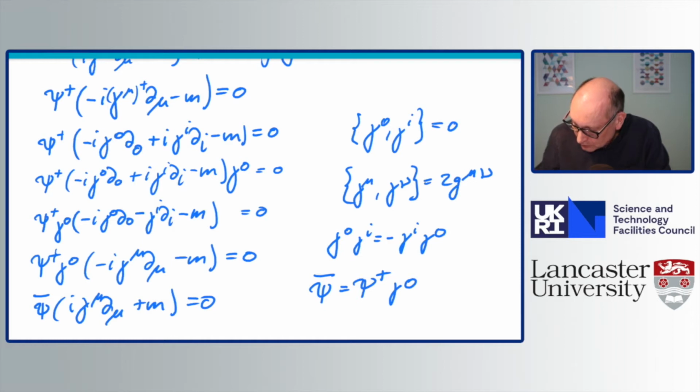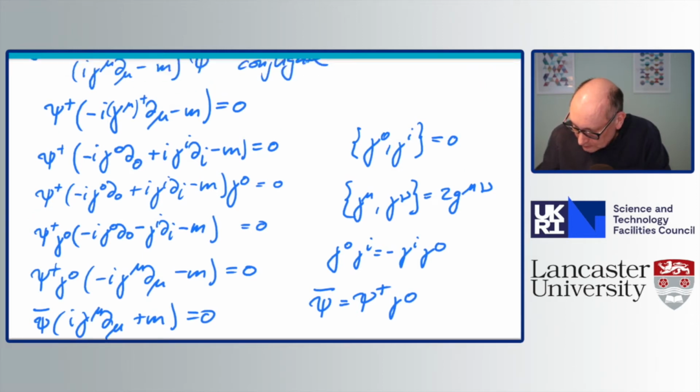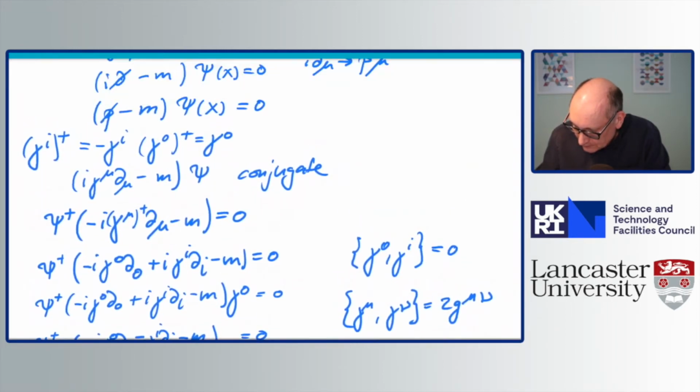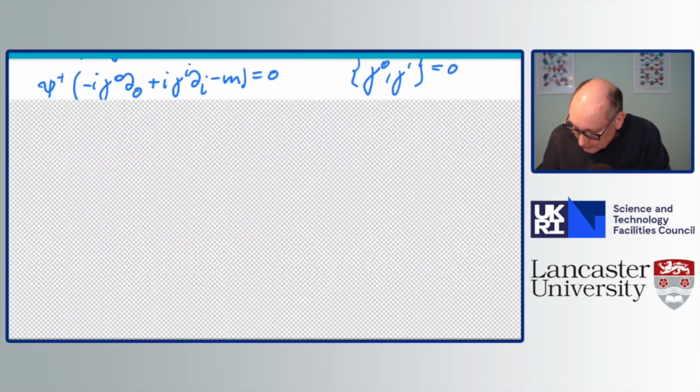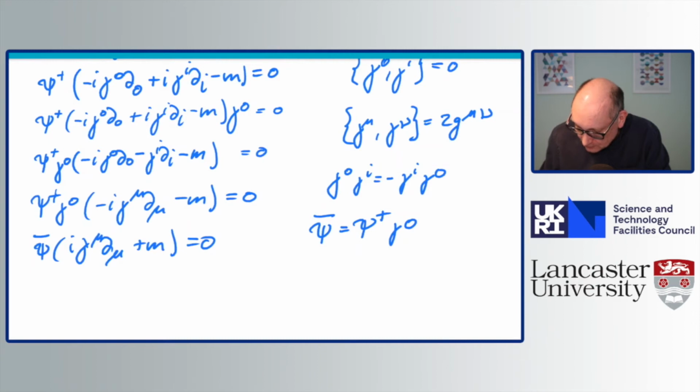So if our psi solves the normal Dirac equation, then our psi bar will solve the Dirac equation for the antiparticle, which says that psi bar (p slash plus m) is equal to 0.